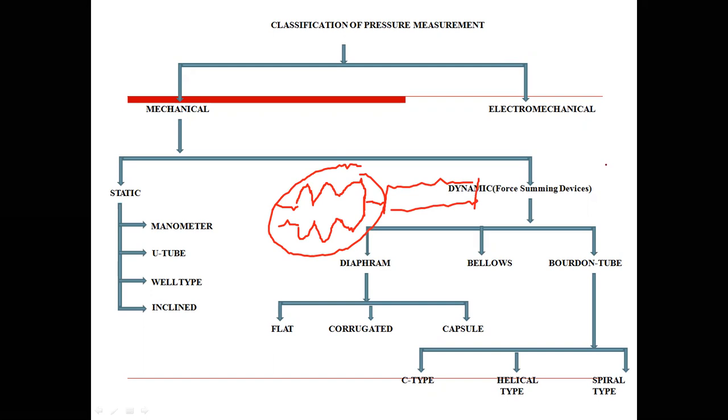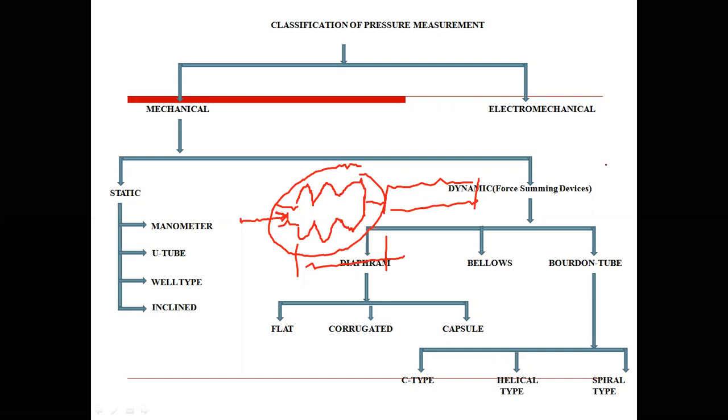As we are applying a pressure at an input, at that time, this bellow will elongate. It will try to create a motion in the forward or reverse direction depending upon the applied input, whether your pressure is high or low.